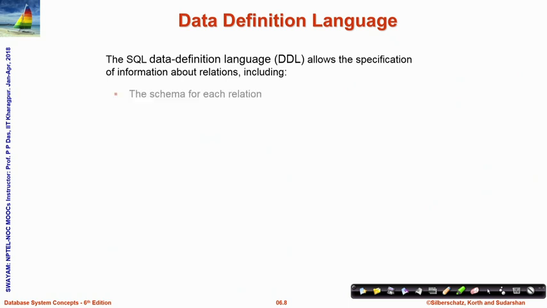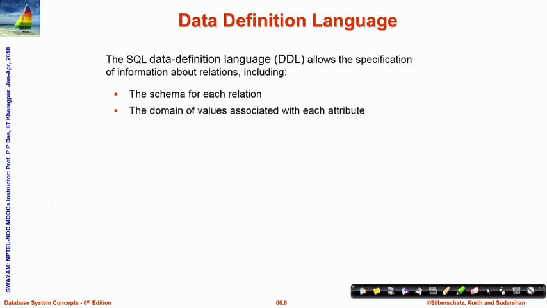Okay. So, first we will talk about DDL, data definition language. As we had discussed earlier, these are the features to create the schema, the tables, in a database management system. It allows for the creation or definition of the schema for each relation in the database.